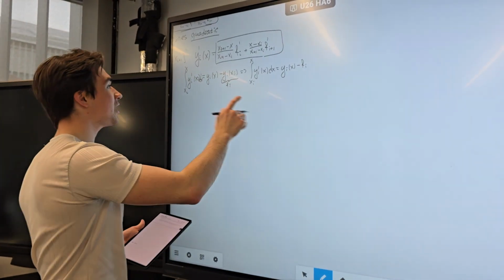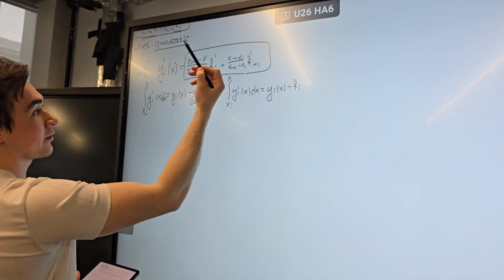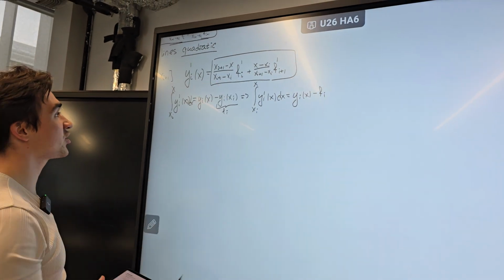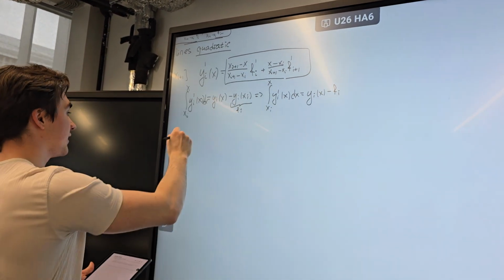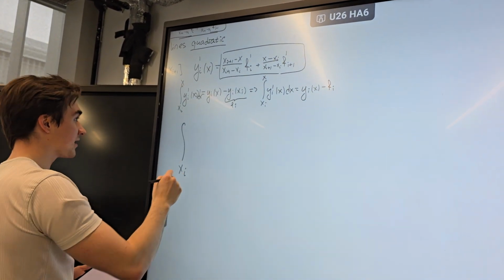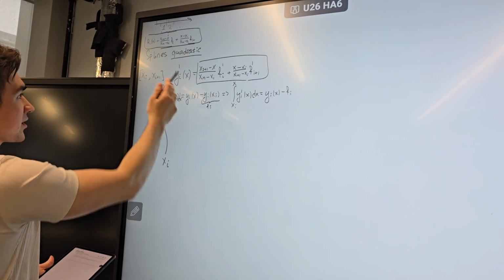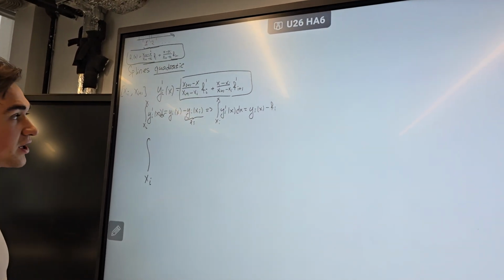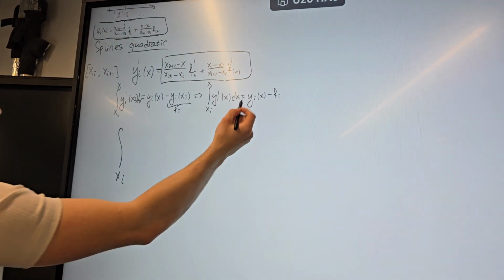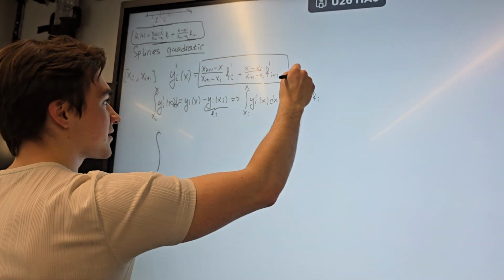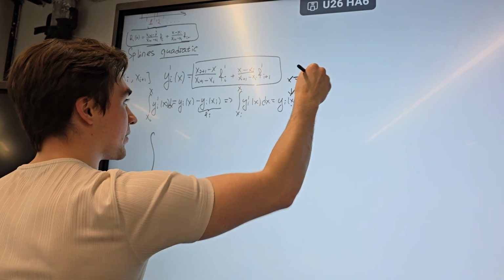Okay, and now we need to integrate the right-hand side of our initial equation for the derivative, and let's do it. We will integrate it from x_i to x_{i+1} to simplify our calculations, because later we will substitute in here x equal to x_{i+1}.